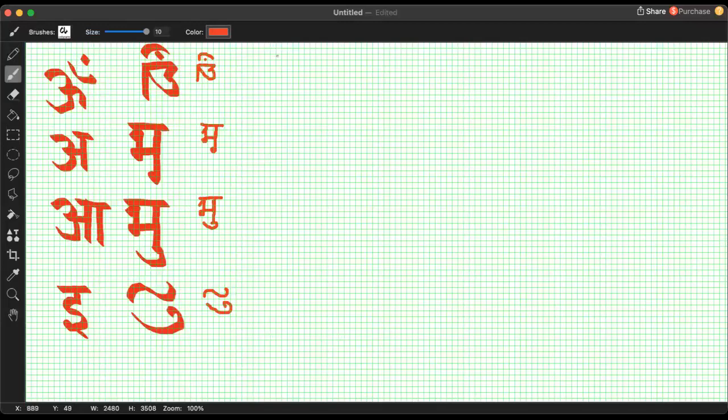Next, we learned how to write E. This is Devanagari E, and in Sharda, first you draw a Shiroreka.